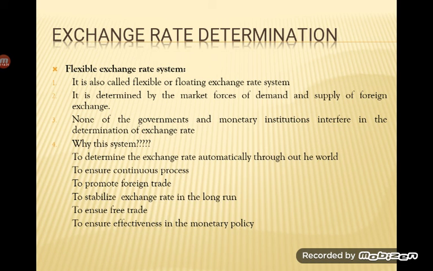The next reason we have adopted it is free trade. Globalization is a reason why there must be free movement of goods and services from one country to another. As we have adopted free trade, even the currencies need to be determined freely, only with the help of the automatic forces of demand and supply.